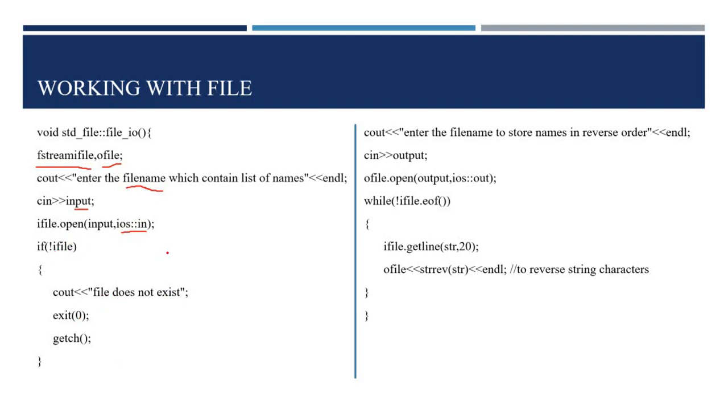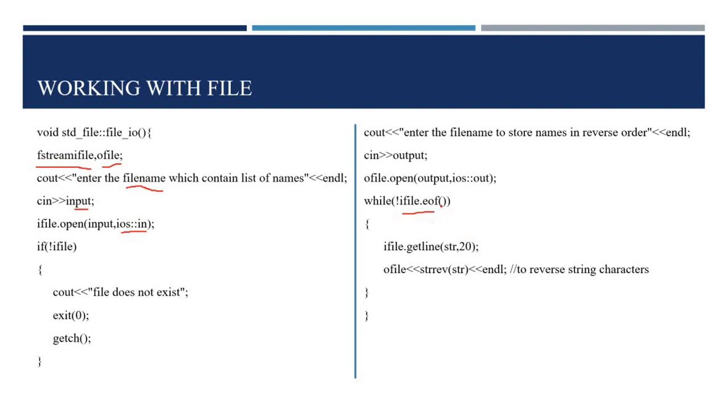If the file exists, then it will check the names to be stored, meaning it will read the contents. It reads the contents and writes the output in reverse order. Then it checks the while condition, ifile.eof, end of file.